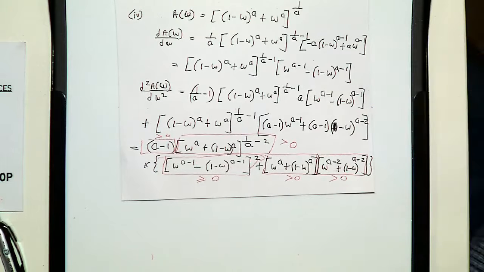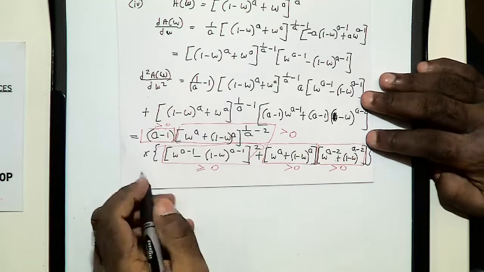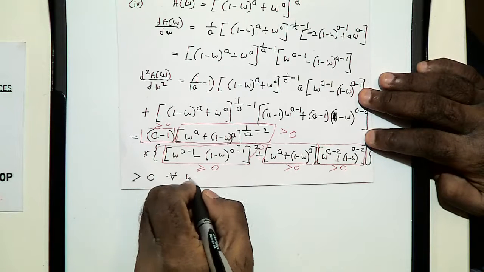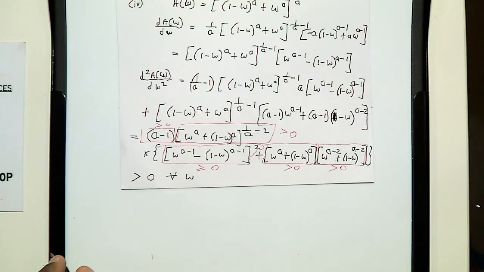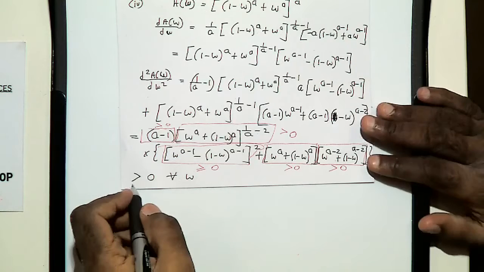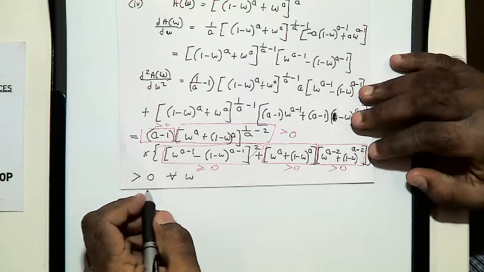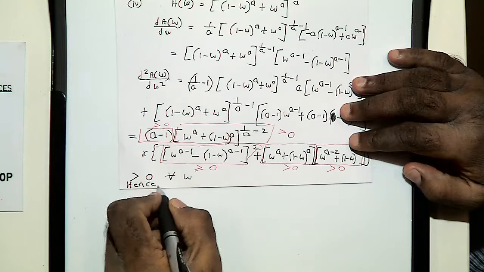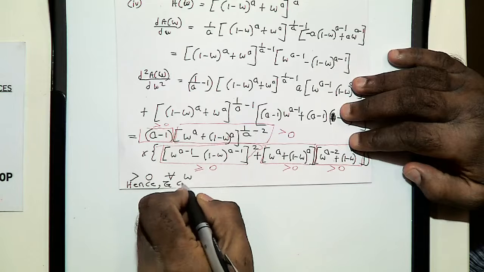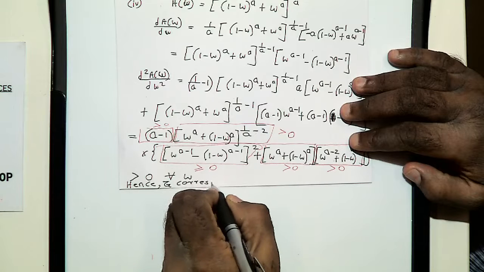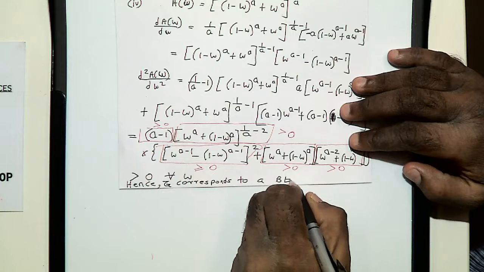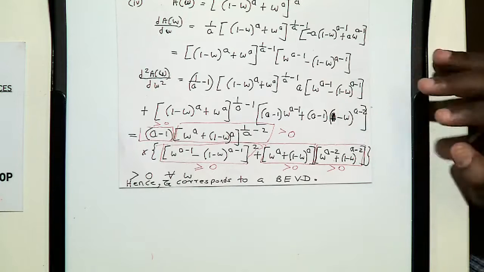So hence the second order derivative must be positive for all omega. So hence we have proved that A is a convex function, right? And hence we have shown that all conditions are satisfied, and hence G bar corresponds to a bivariate extreme value distribution. All right.